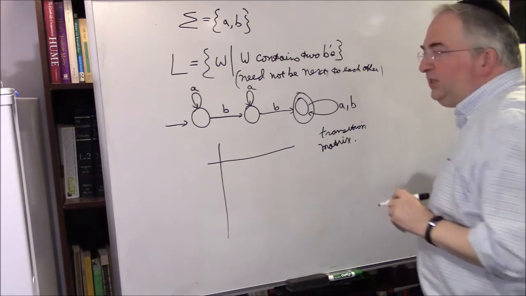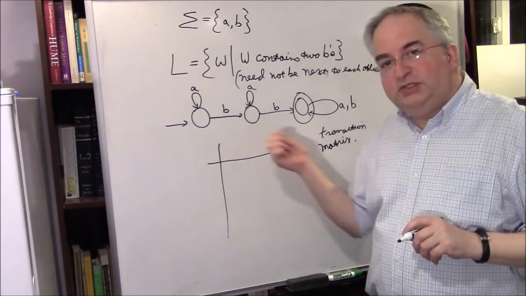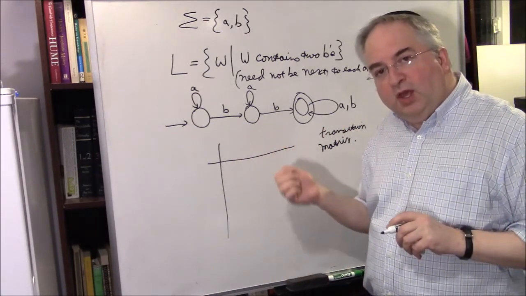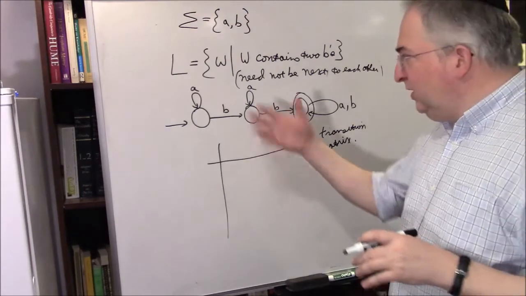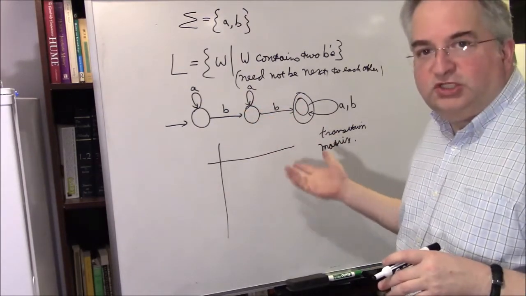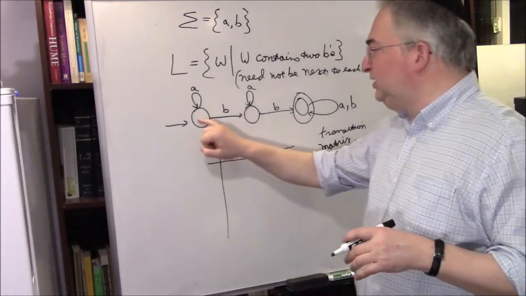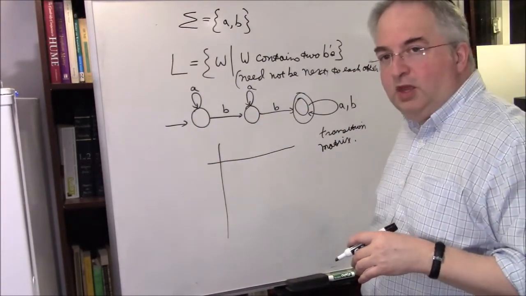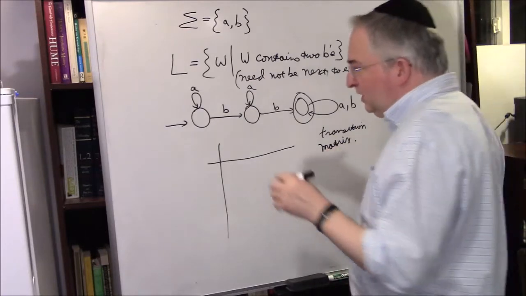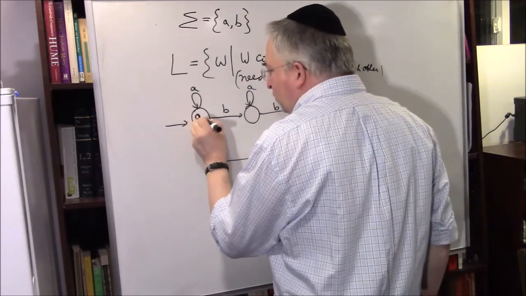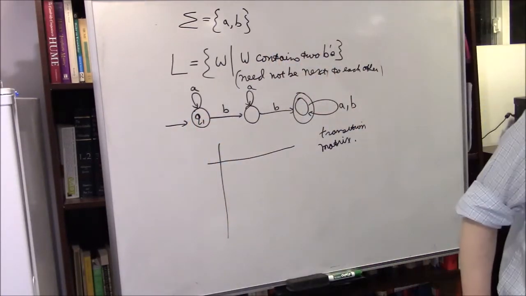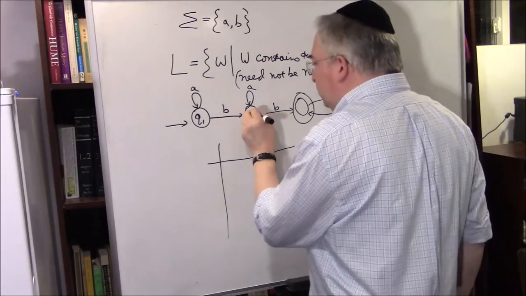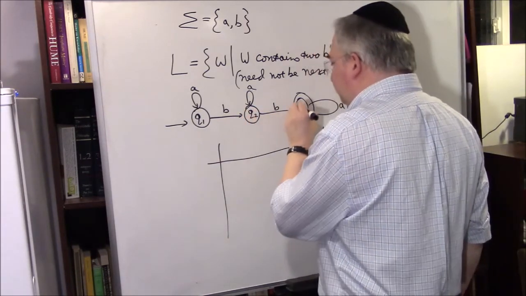Now notice, I didn't really give names to these states beforehand because I wasn't referring to them. I was pointing to the pictures, and you can see which state is which. This is the state that has no b's. This is the state that has one b. This is the state that has two b's. But right now I'm going to give them a name because I want to refer to them over here.